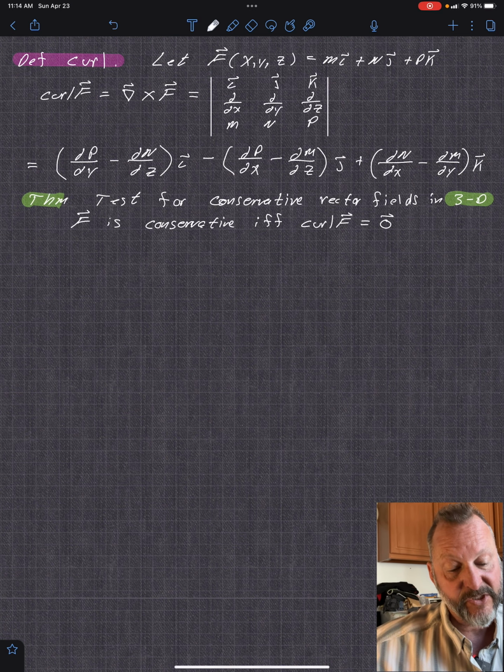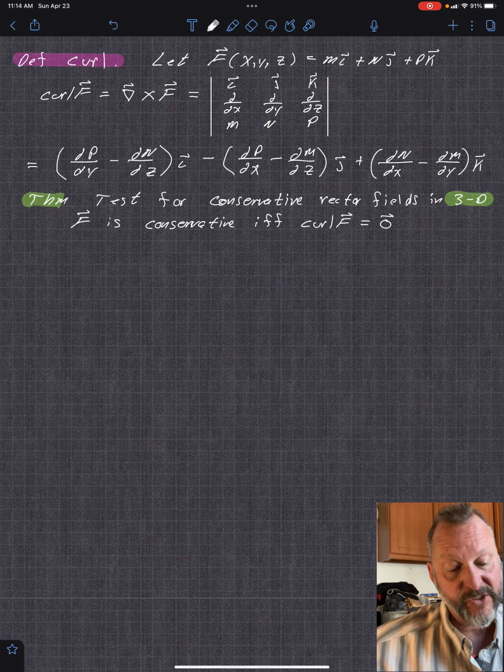All right, so let's look at an example. So the basic process will go: determine if the vector field is conservative, and then find the potential function. So that's usually how it's asked, or how I would ask it.